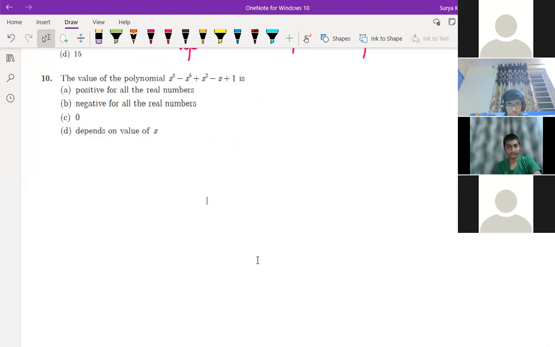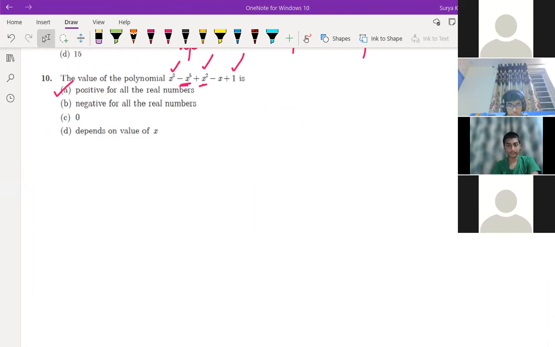Yes, sir. Because see, x to the power 8 is maximum over here. This will be plus or minus? It will be minus only all the time. So this will be positive because all these powers, this is also positive. So obviously this will not come. This is positive only all the time. So positive for all real numbers. Positive for all real numbers, correct. Whatever it is, plus 1 or minus 1, it will come always positive for all real numbers.